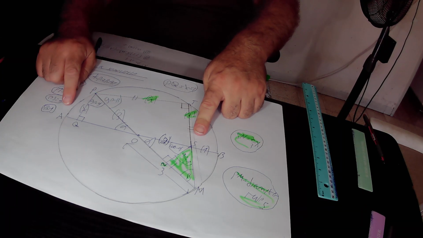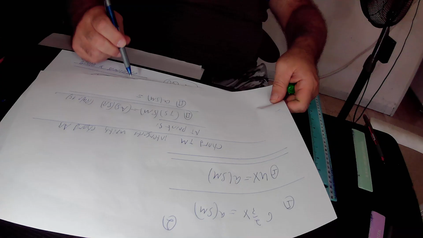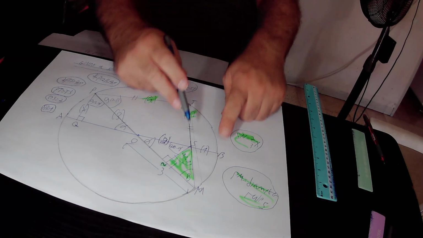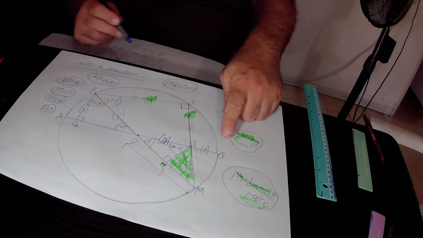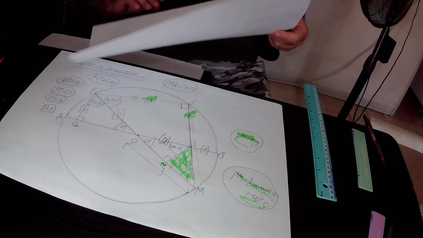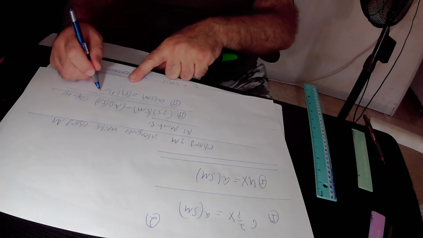So in total, AS equals 3 plus 2, that is 5. AS is 5 times SB. SB equals y units in its length, according to what is given in the question. So in total we found out that according to equation 2, A times SM equals 5 times 1, that is 5.